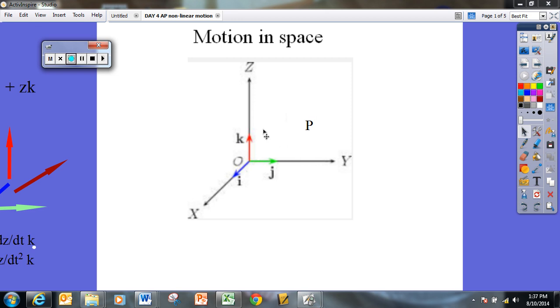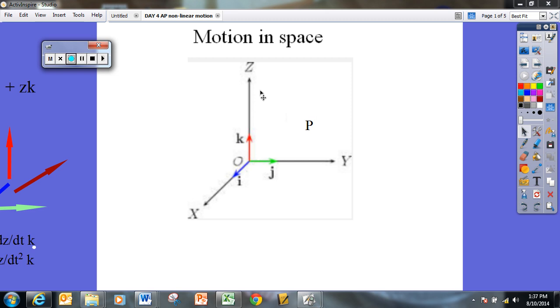Okay, in Chapter 2, we dealt with rectilinear motion. That was motion along a straight line, but now we're going to extend those ideas that we developed there about position and then velocity and acceleration to multi-dimensions, to motion in space.